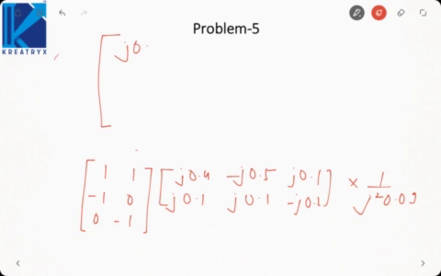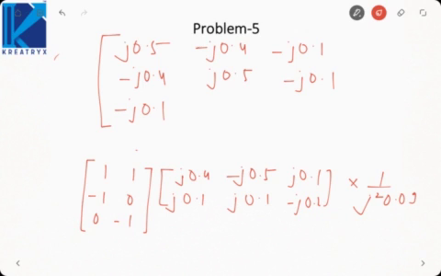First row into first column j0.5, first row into second column j0.4, first row into third column minus j0.1. Then second row into first column minus j0.4, second row into second column j0.5, second row into third column minus j0.1, then third row into first column minus j0.1, then minus j0.1, then j0.2, into 1 by j square 0.09. So this is your Y bus.